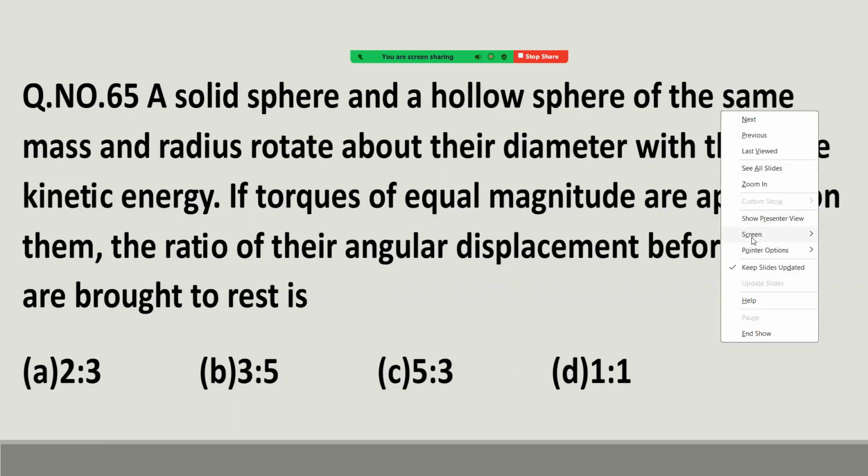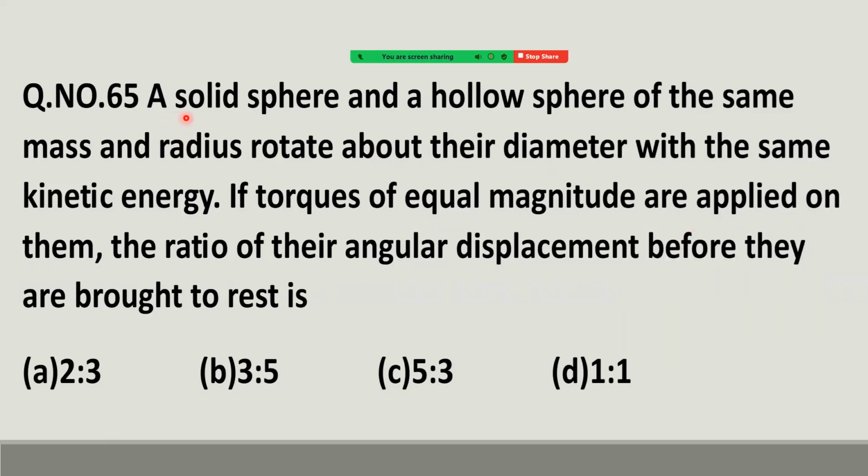Right, see the question. A solid sphere and a hollow sphere of the same mass and radius rotate about their diameter with the same kinetic energy. So given same mass, same radius, about diameter, same kinetic energy.